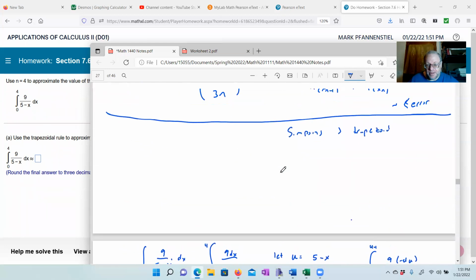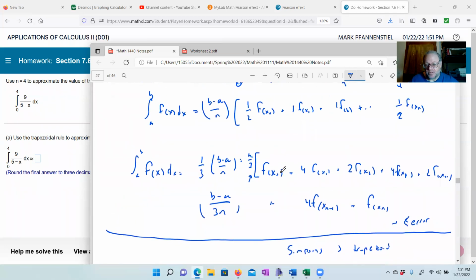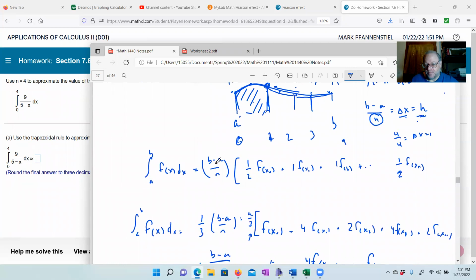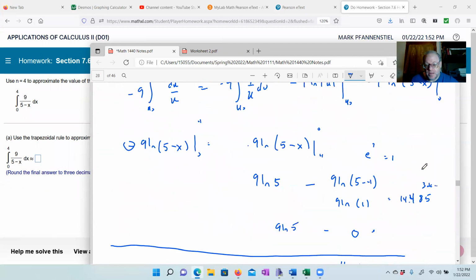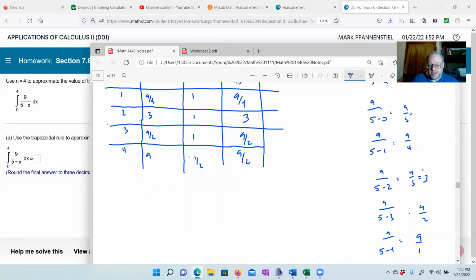So what do we have for the trapezoid rule here? We have b minus a over n. That was just 1, and now we're just going to add up the stuff in here. So we have b minus a, 4 minus 0 over 4, which is 1.